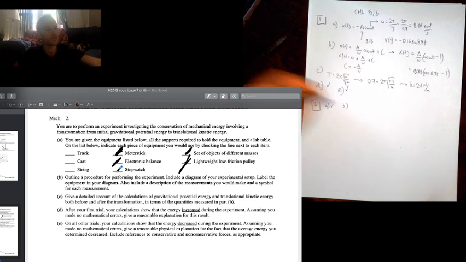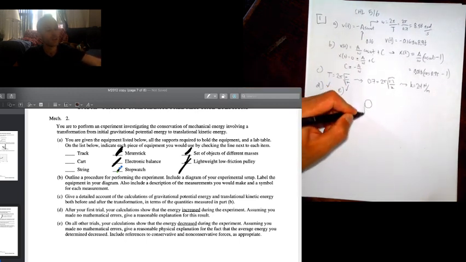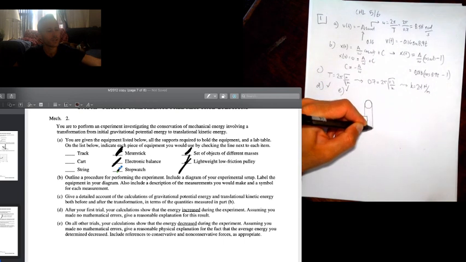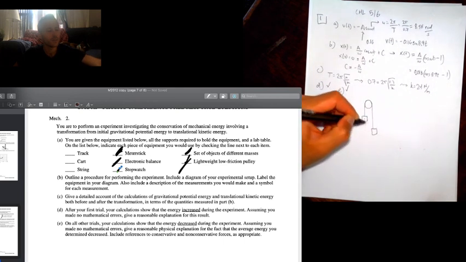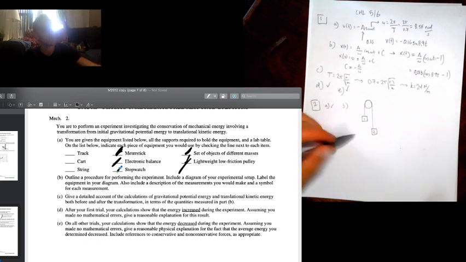So for part B, I would set up the Atwood machine. You might recall that the Atwood machine has a pulley, and then it has two masses, 1 and 2. Okay, and let's say 1 is the heavier mass.